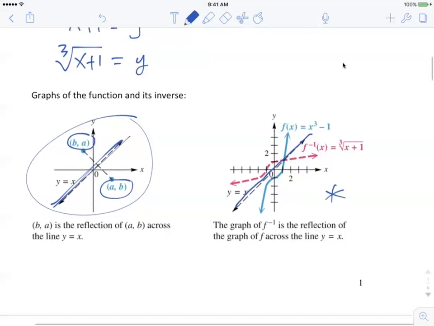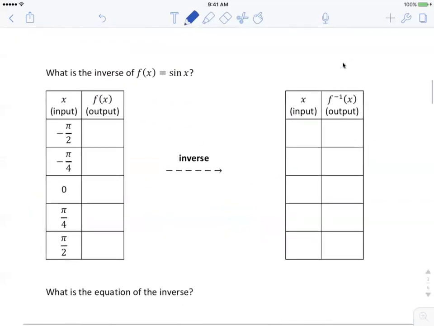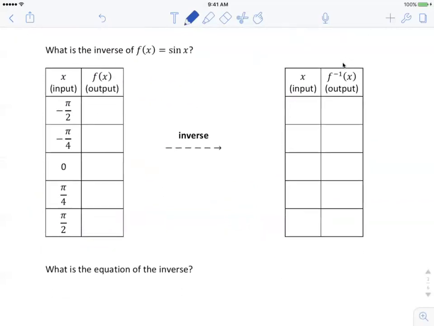Now let's get to some trig. So what about the inverse of f of x equals sine x? We can just go about it the same way. We could get some outputs going. So if we plug in -pi/2, I always think unit circle. I'm visualizing it, right? That bottom of the unit circle, -pi/2, same place as 3pi/2.